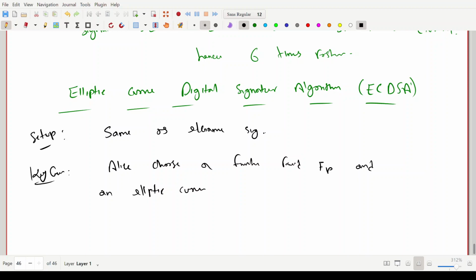I had covered everything about elliptic curves. And a point, we call a point G here, which belongs to the elliptic curve over FP, of large prime order Q.